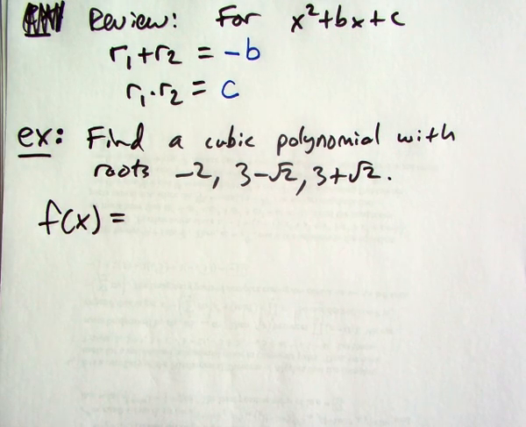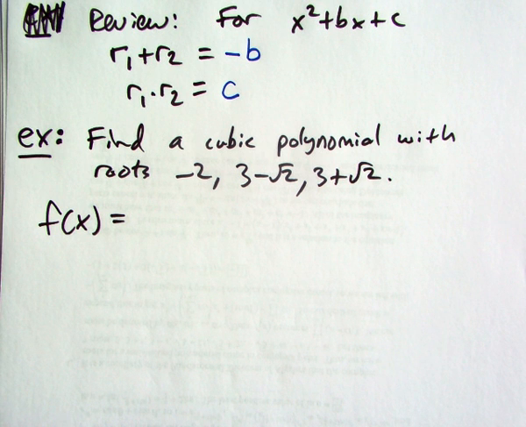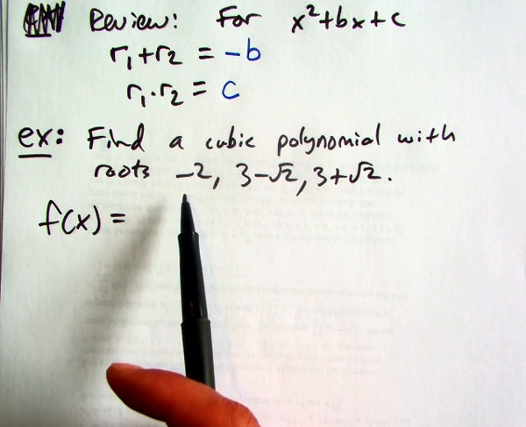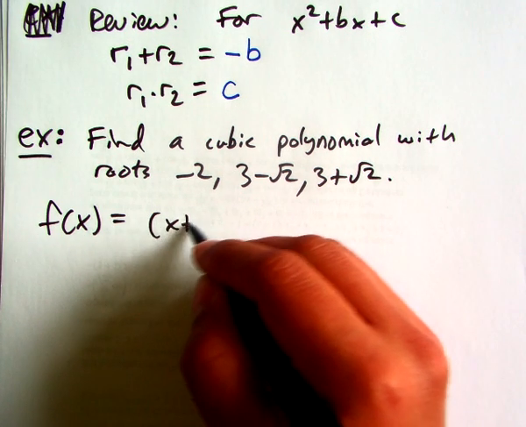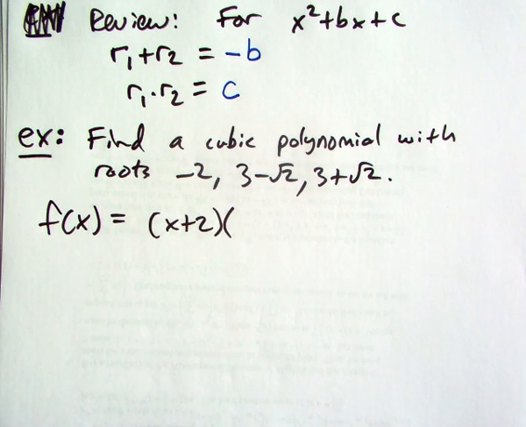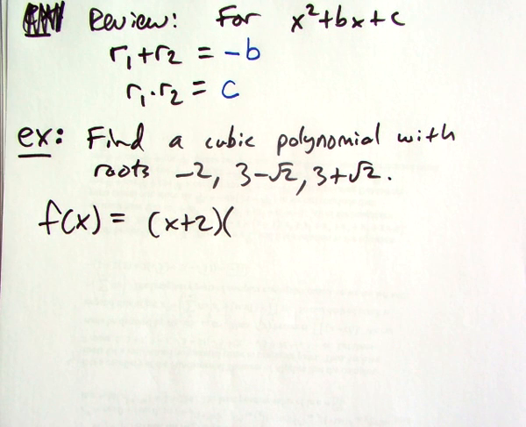Do we know anything about it? Can you do that form thingy? Let's see. If -2 is a root, what do we know about the equation? x plus 2 is a factor. That's the linear factors form you're talking about, right?